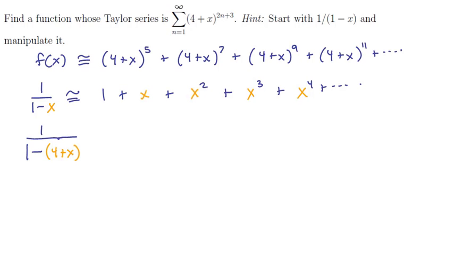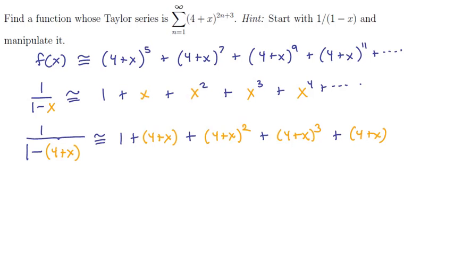Now let's see what would happen if we did that. The Taylor series would be 1 plus (4 + x) plus the quantity (4 + x) squared plus the quantity (4 + x) cubed plus the quantity (4 + x) to the 4th, and on down the line.